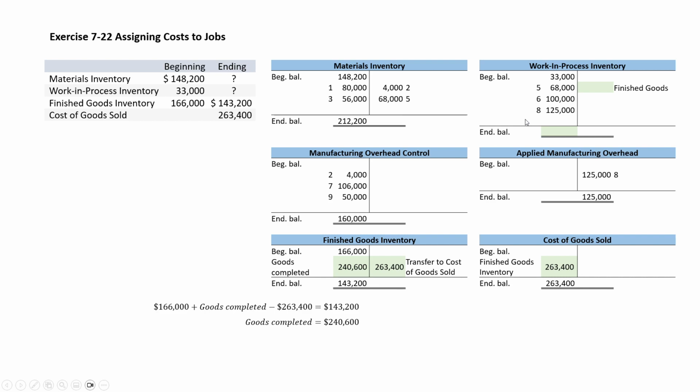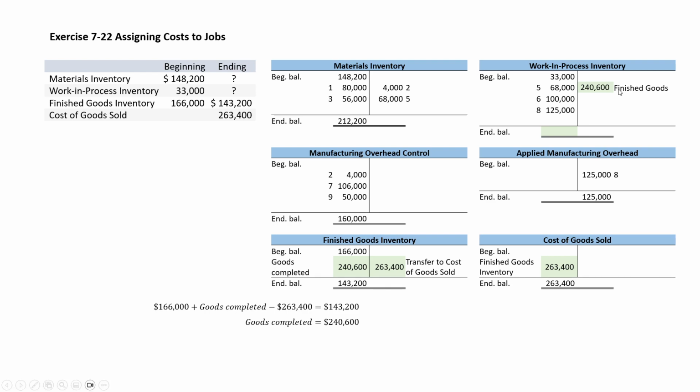The last thing is I have some detail I need to fill in for work in process. Where do the units come from? They get added to finished goods of 240,600. They get taken out of work in process, so they're no longer incomplete units and get added into finished goods. So our credit up here to work in process inventory must have been the amount, or what we call cost of goods manufactured, the dollar amount transferred from work in process to finished goods, the amount of complete units.